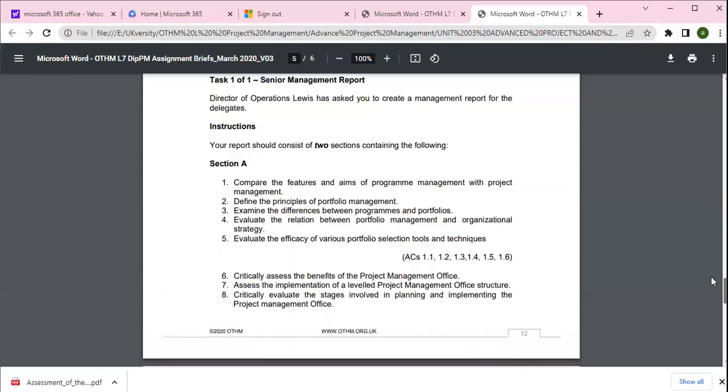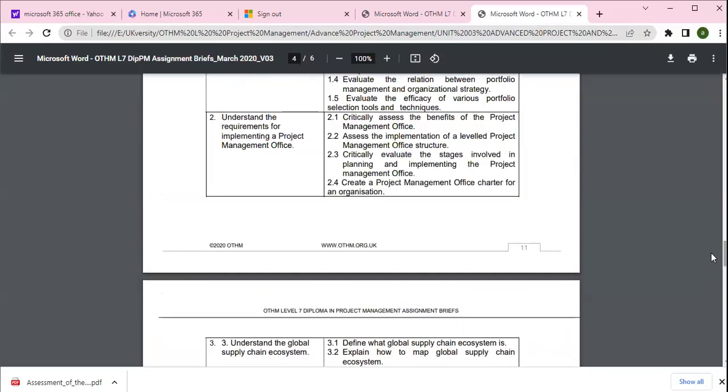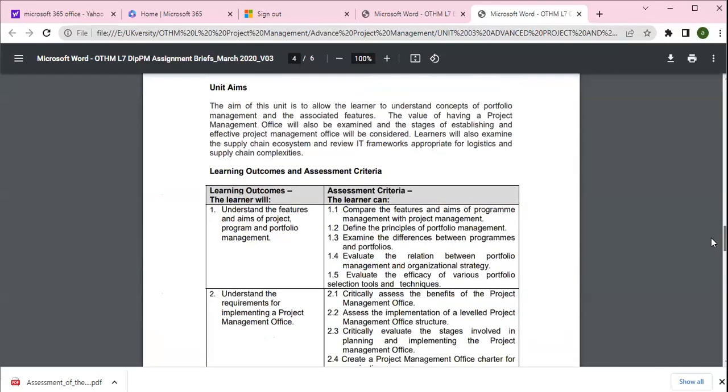Today's session will go through the assignment discussion session. First of all, we'll look at the assignment brief, what we're supposed to do. It's always good to. And we had 4 sessions. Lesson 1, we discussed understanding the features and aims of the project.